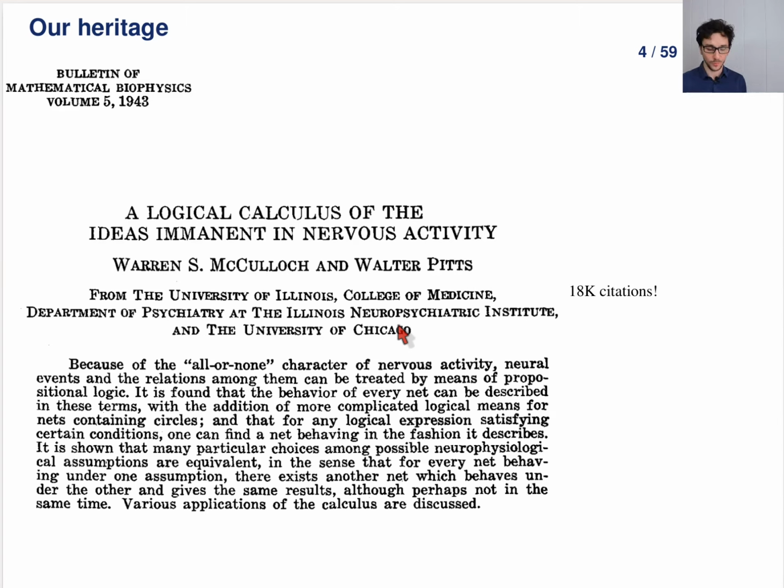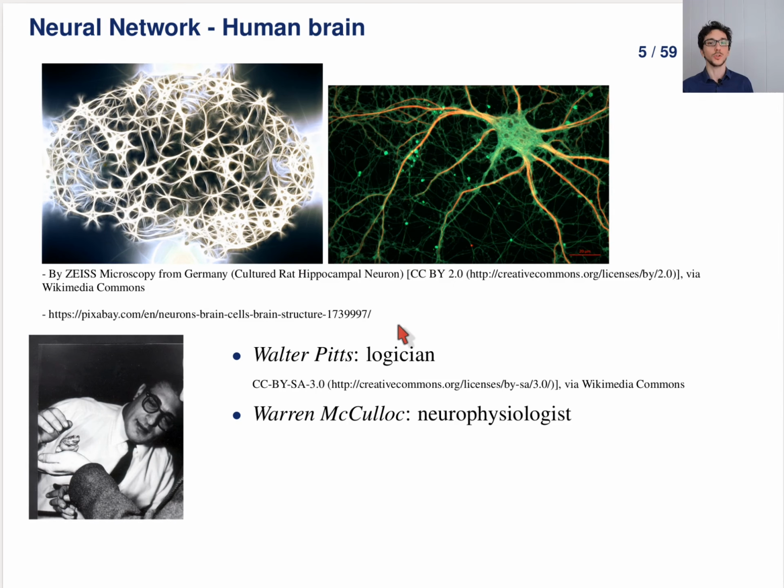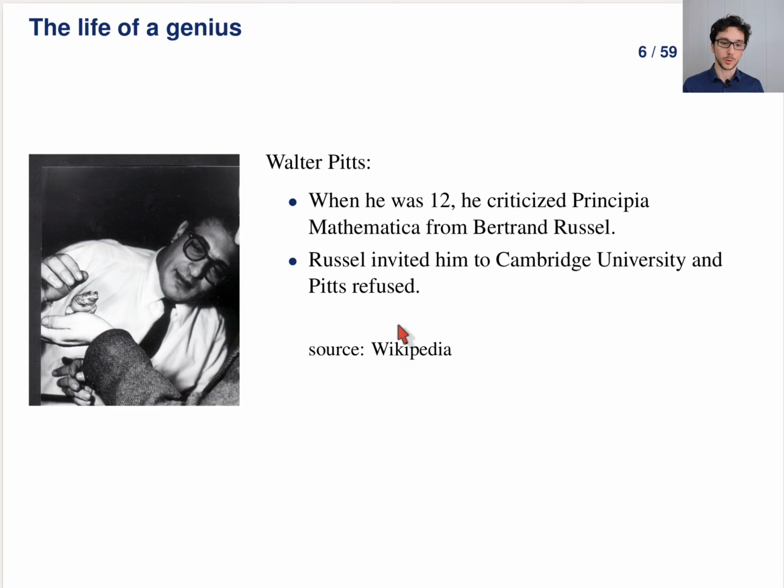Neural networks require a lot of computation to be trained, and now we are able to do this computation in a relatively easy way, thanks to GPUs and other parallel computer architectures.